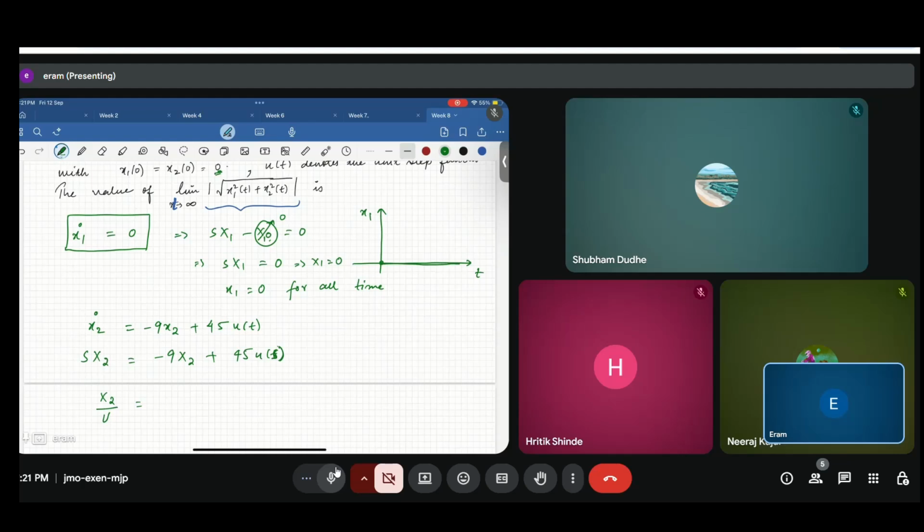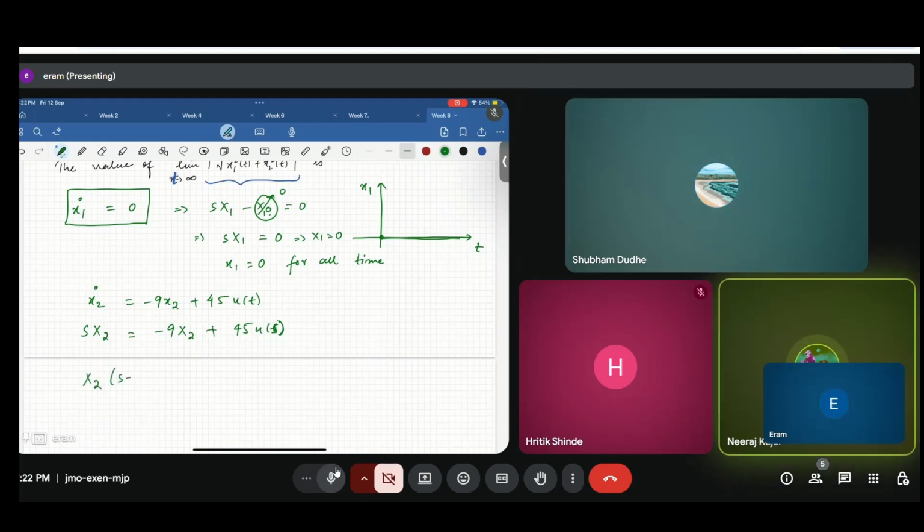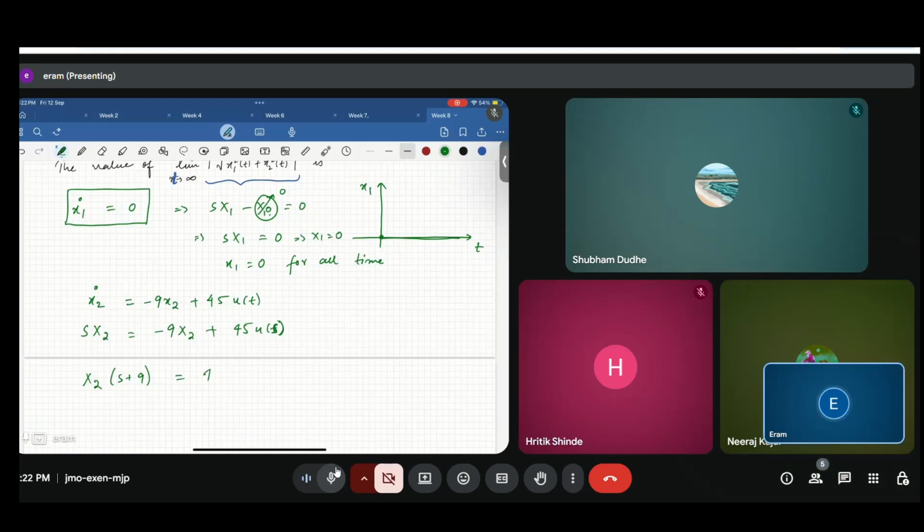What will you get? It is 45 by s plus 9, so you have 45 u of s, and x2 by u is 45 divided by s plus 9.